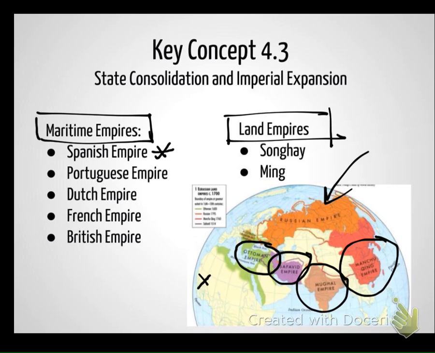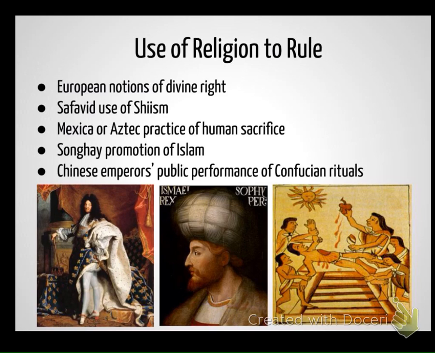And again, like we talked about before with the other key concept about labor systems, the Ottoman Empire will have their own system of being able to control it. And we'll talk about that in just a second. When we're looking at all these different empires, both European and those around the world, especially when we're looking at land and maritime, people use different ways of using religion to legitimize their rule.